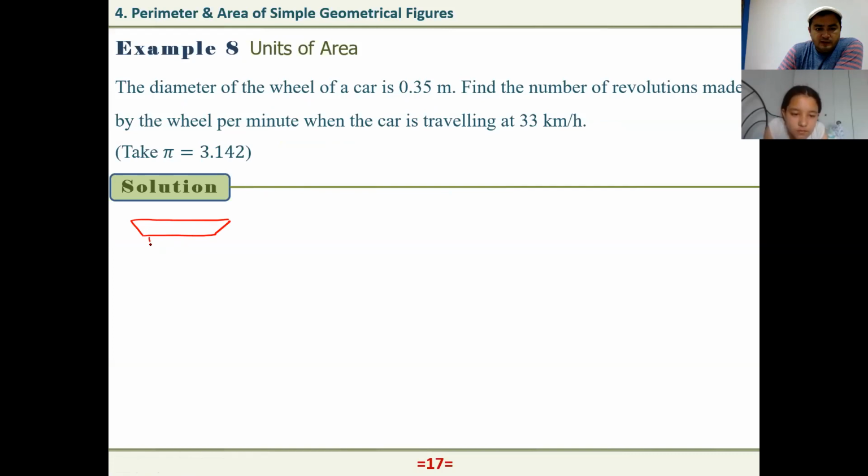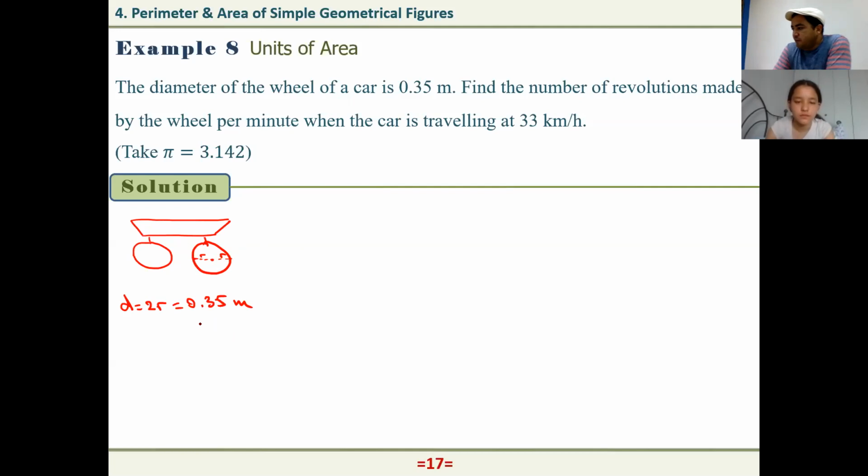Here it has, let's say, 2 wheels, the first one and the second one, and they are circular and identical, of course. And the diameter of the wheel, so here we have the diameter, and that is R, this also R. What is the diameter? Diameter is 2 radii. So that is given, that's equal to 0.35 meters. Okay, that is the first thing given.